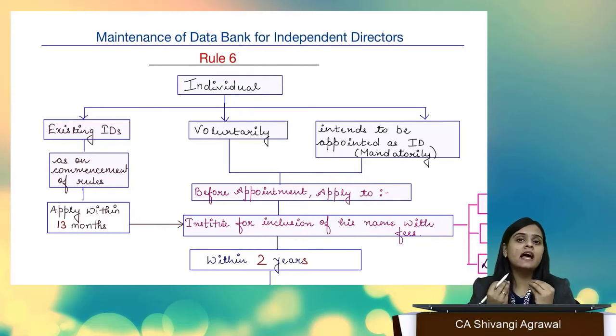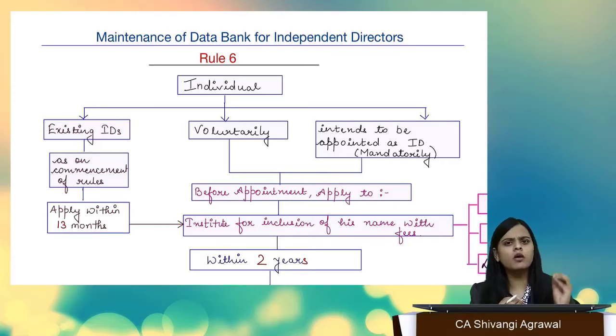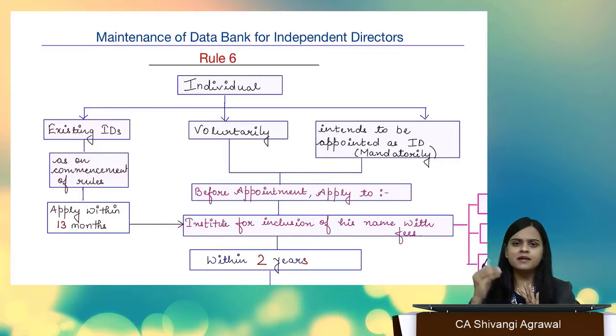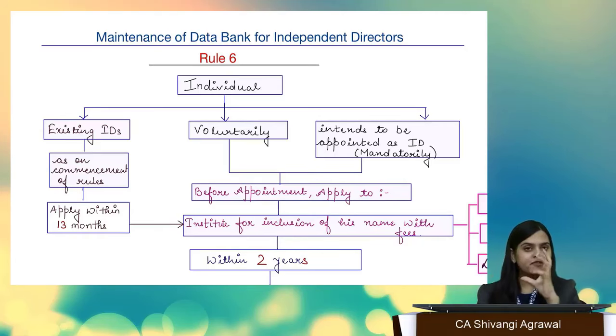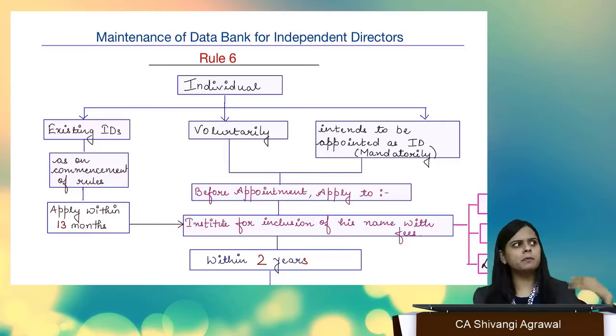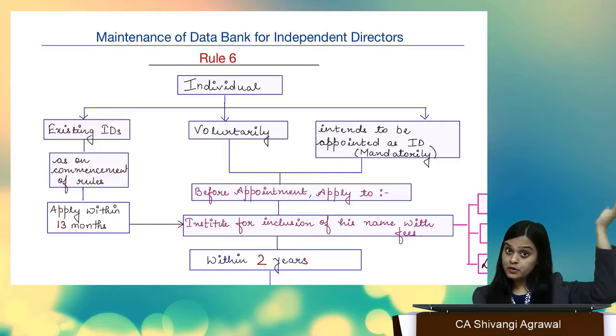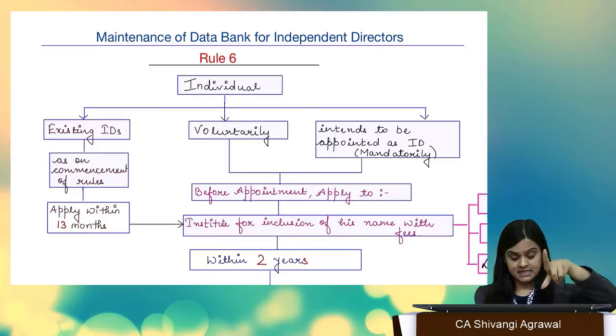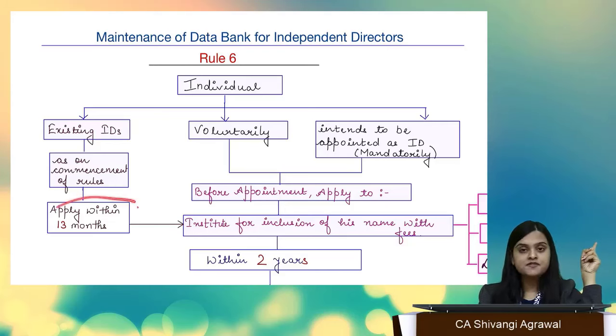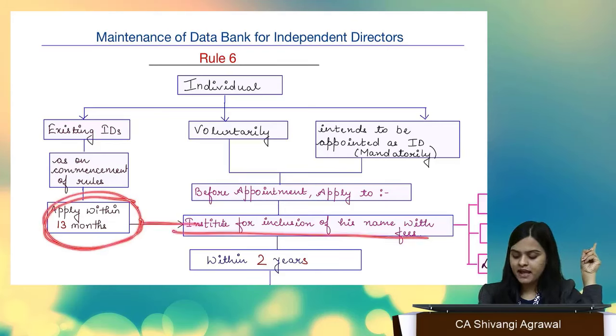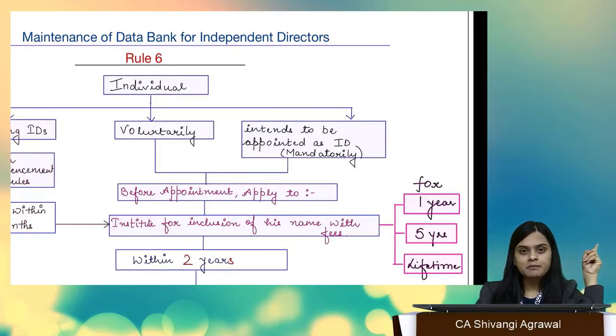I have to make an application to the institute along with the relevant fees, and my name will be included. Before this rule came into picture, there were many independent directors. They also have to include their name. Yes. They have been given a time period of 13 months within which they can apply to the institute for inclusion of their name along with the fees. The name can be included for 1 year, 5 years, or for lifetime.